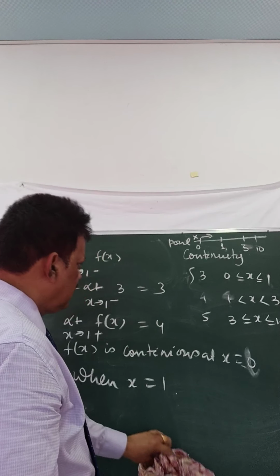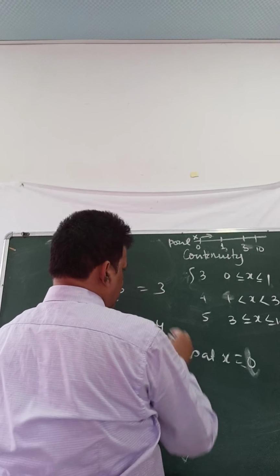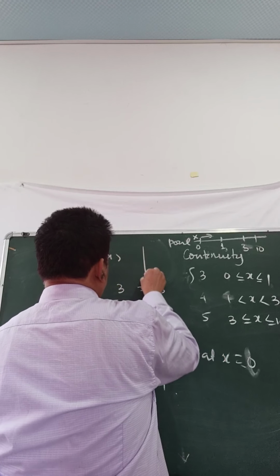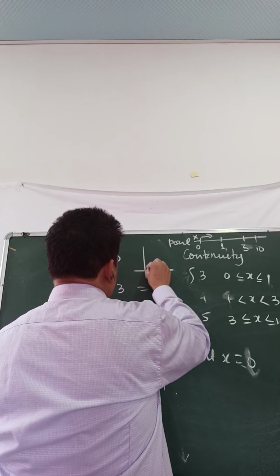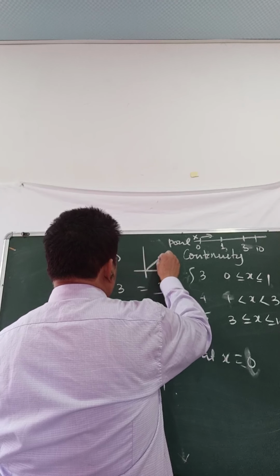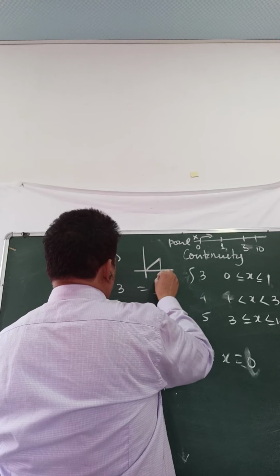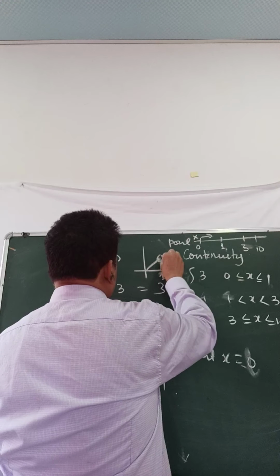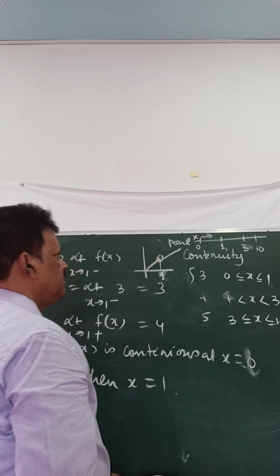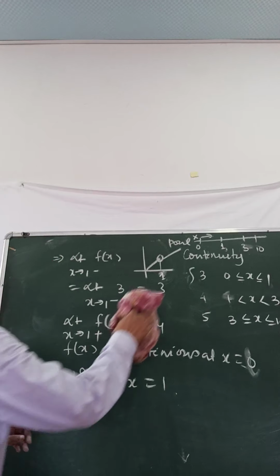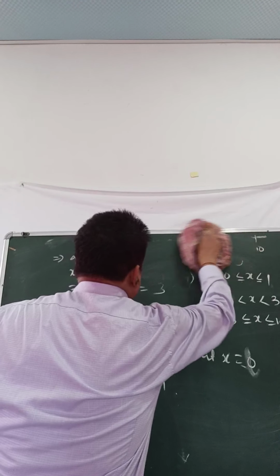Here it is discontinuous. That means your graph will go from 0, but at 1 there will be a break, and again the graph will continue. I will draw it again for you.